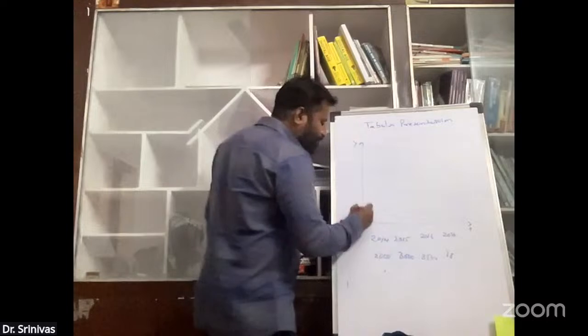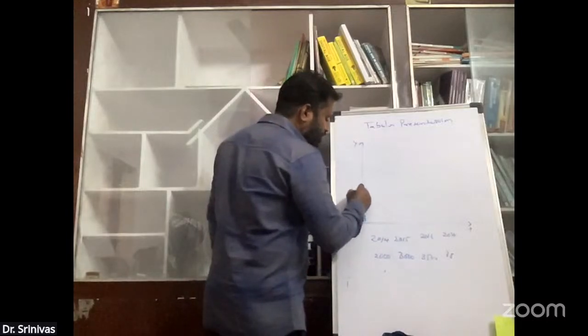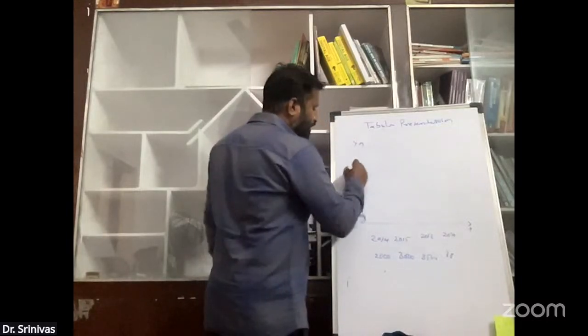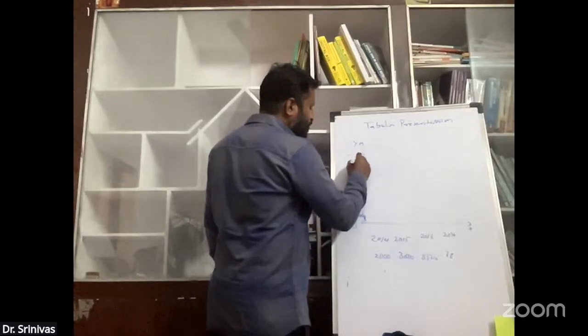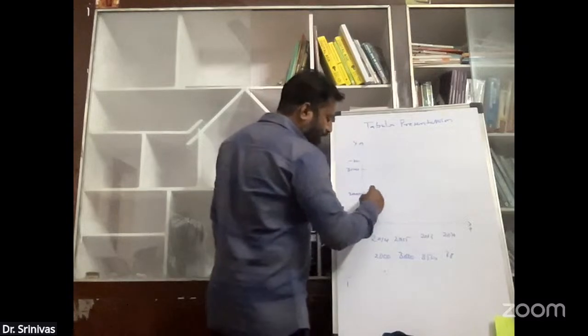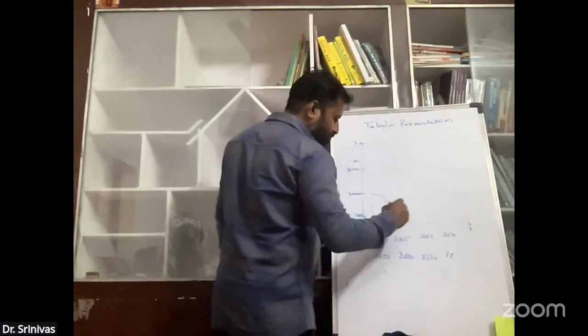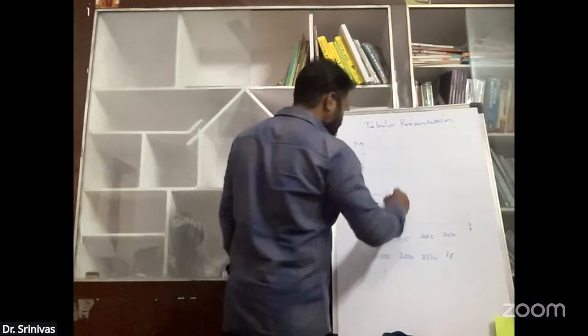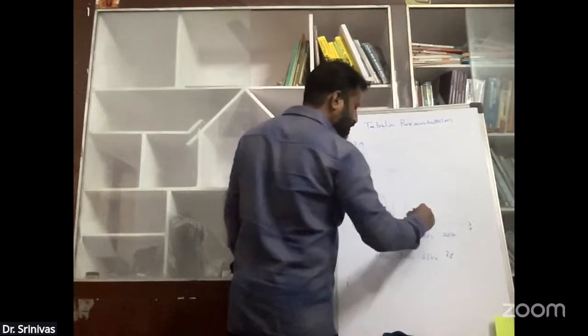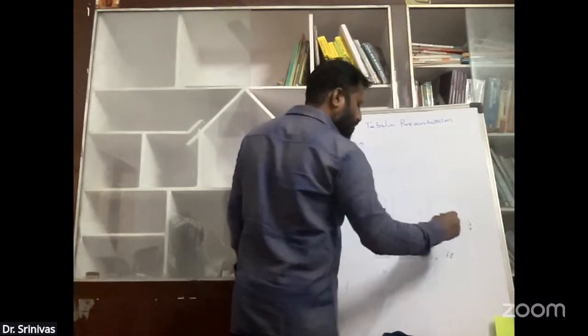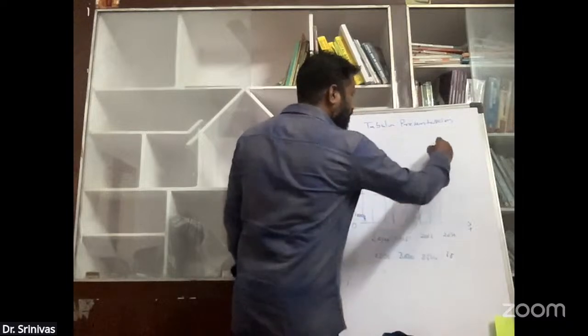From here, I started at 1000. Next 2000. Next 3000. Next 3500. Like that, 3800.